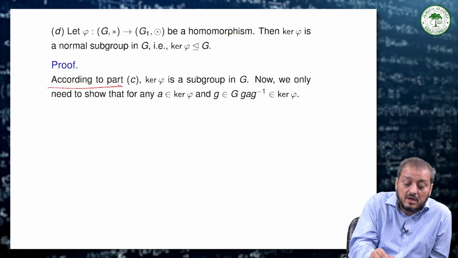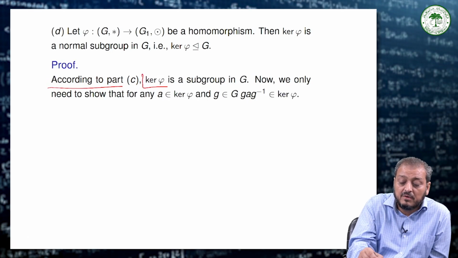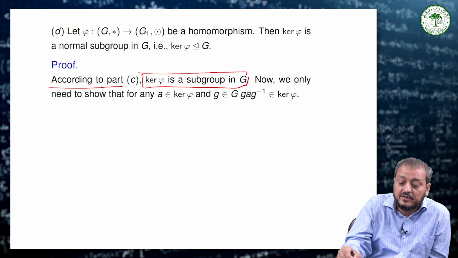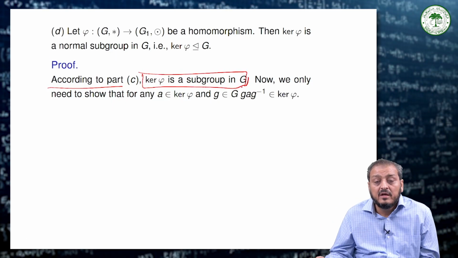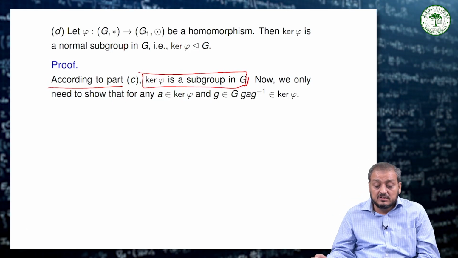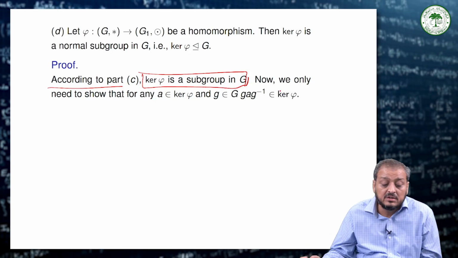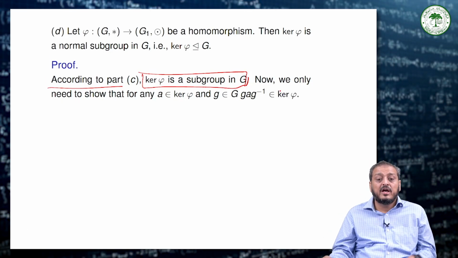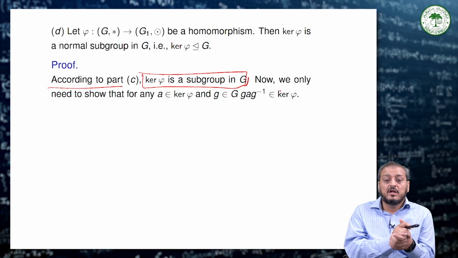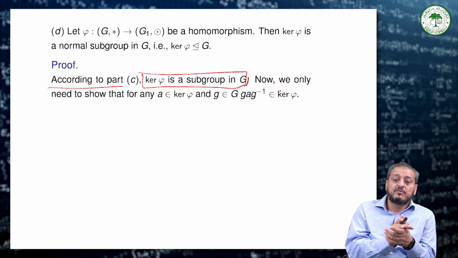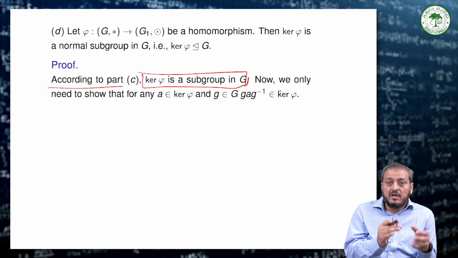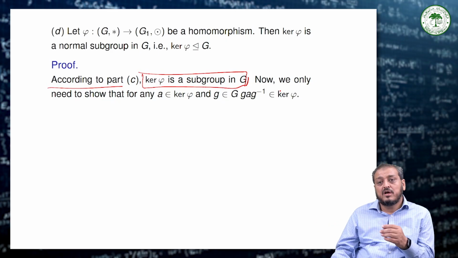According to the previous part, the kernel of phi is a subgroup, so the first condition holds. Now next we need to show that for any A belonging to the kernel of phi and G an element of G, G inverse A G is also an element of the kernel of phi.